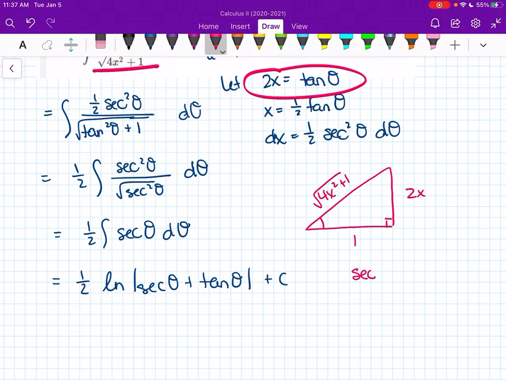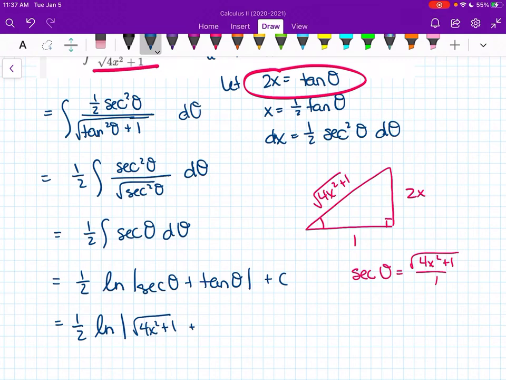So then if I look at this, my secant is going to be square root of 4x squared plus 1 over 1. And then tangent we already have. Tangent is going to be 2x. So then I have all I need to go ahead and substitute those back in. So then I have the natural log of the absolute value of the square root of 4x squared plus 1 plus 2x plus c.